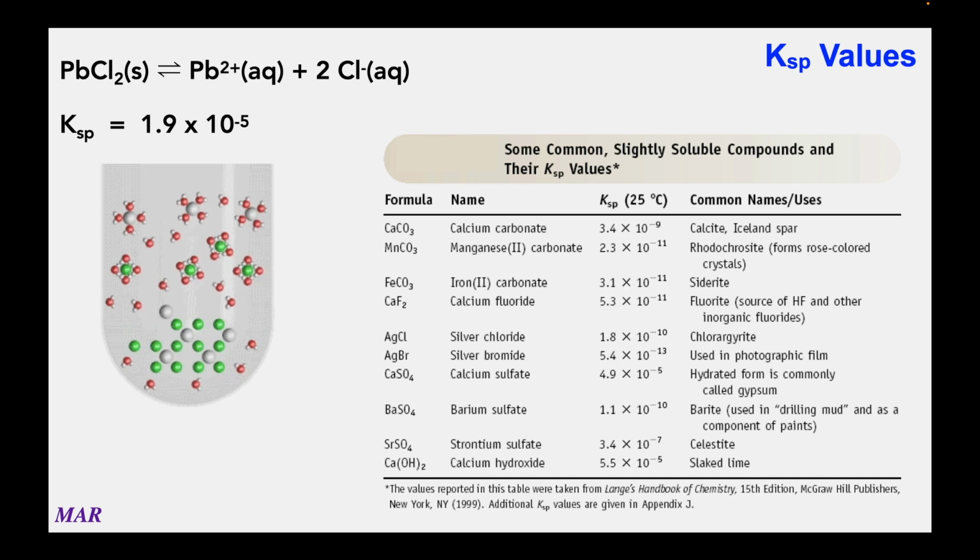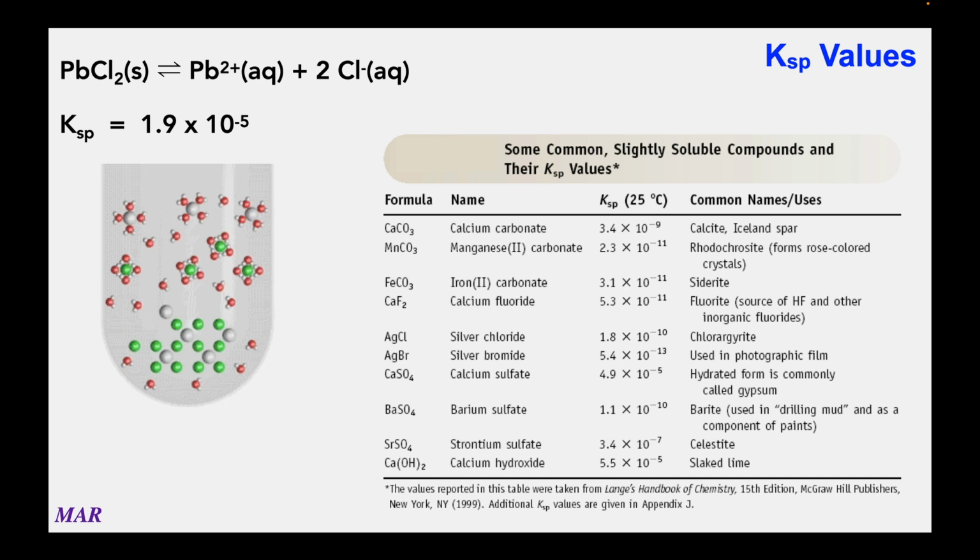So PbCl2 solid is the reactant, and lead-2 plus and 2 chloride ions would be the products. The Ksp for this reaction is quite well known. It's 1.9 times 10 to the minus 5. And how they got that, Ksp here would equal the lead-2 plus concentration times the chloride ion concentration squared, since there's 2 of them, and you would divide by 1 because there's nothing on the reactant side. Don't include solids and liquids.